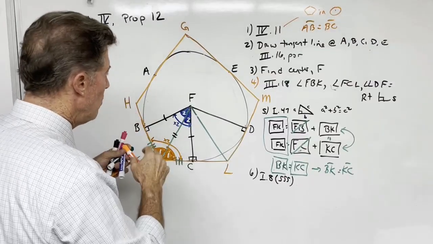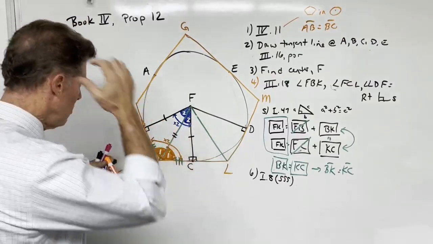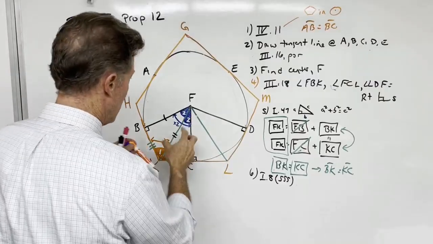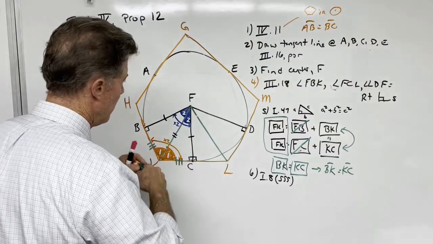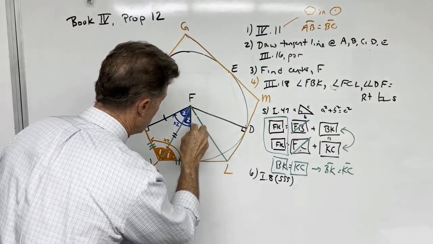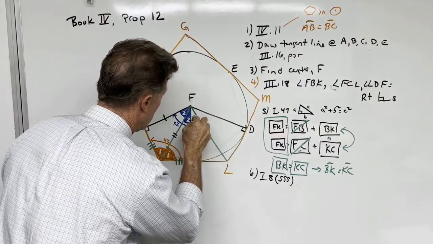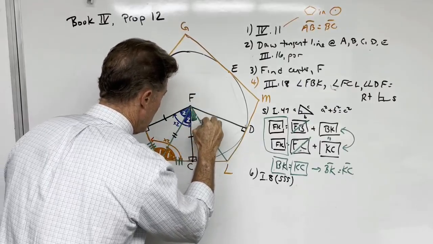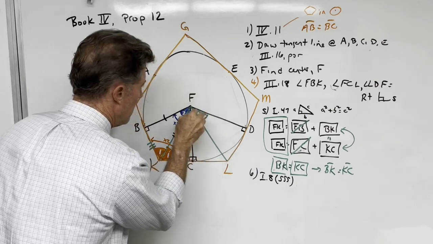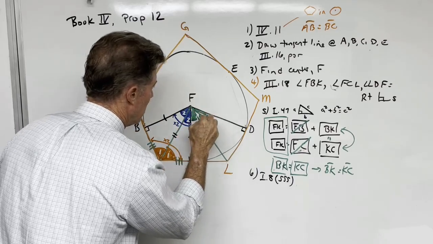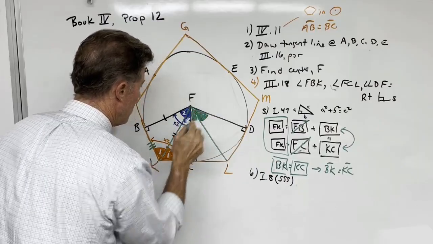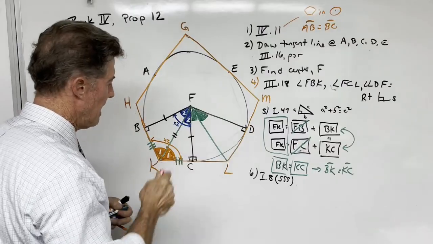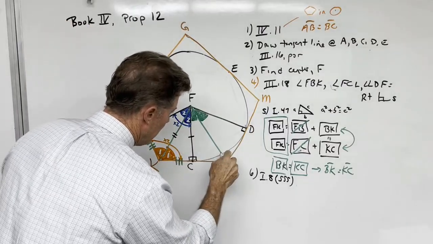Okay, so we could do the same thing over here with this triangle. It sets up the exact same way, and it will tell us that this angle and this angle are equal. And it also tells us that, just like over here, these two angles are equal.